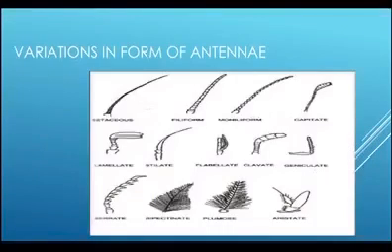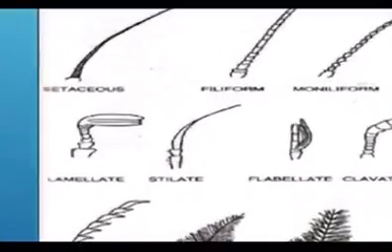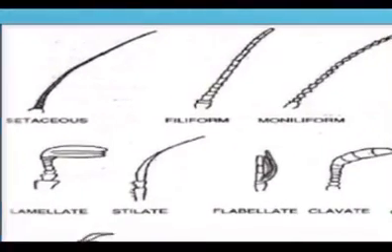Now come the variations in form of antenna. There are different types of shapes and sizes of the antenna according to the various insect species, and they have different functions.